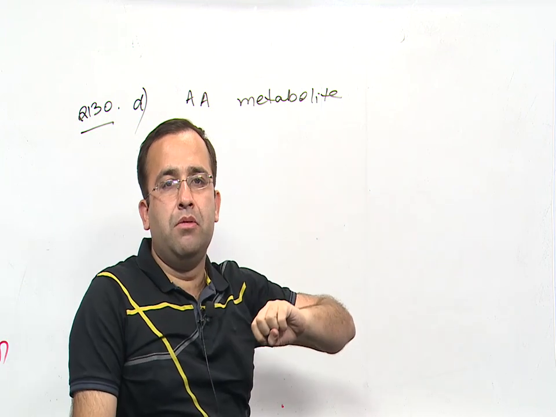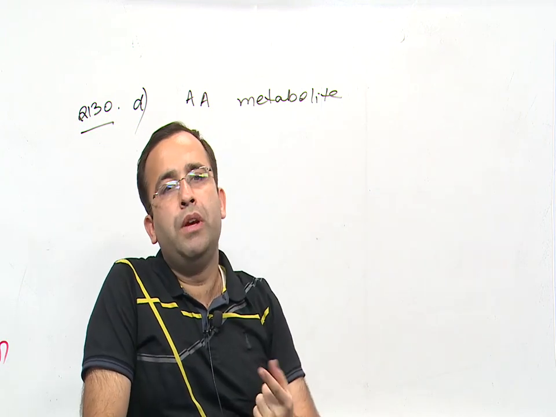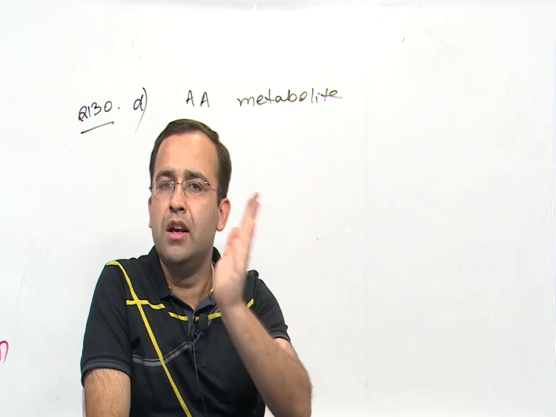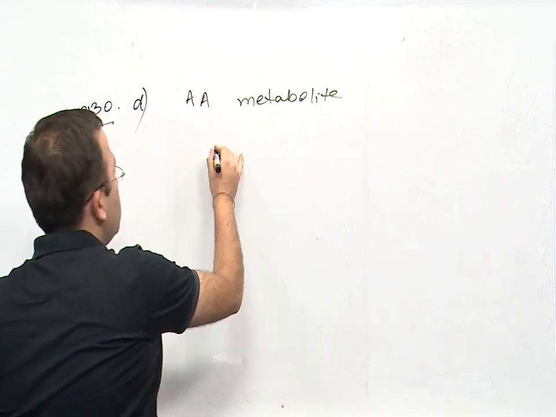Arachidonic acid metabolism has 4 pathways, but the 2 main ones are cyclooxygenase and lipoxygenase.